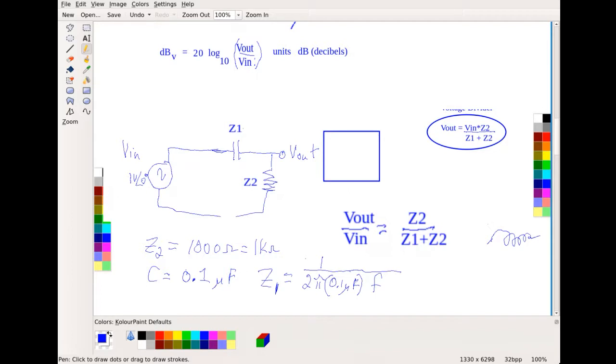And so when we build this, of course, there's a minus j in there if we're looking at the phase angle. So it's a vector. So, you know, don't forget your phase angle. There's definitely a phase angle associated with this.